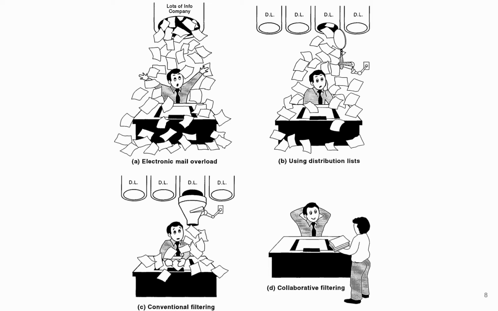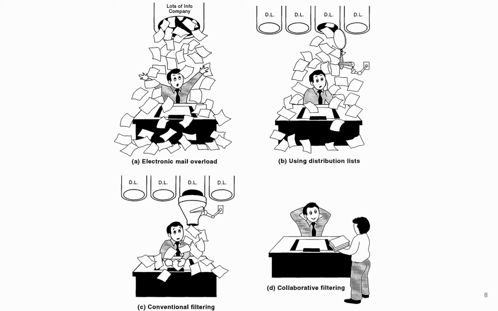This image here comes from that work and attempts to illustrate the benefits of using collaborative filtering. The top left figure is where there is no filter whatsoever. The top right shows that there are some distribution lists, but still these are not enough. The user is overwhelmed with information.